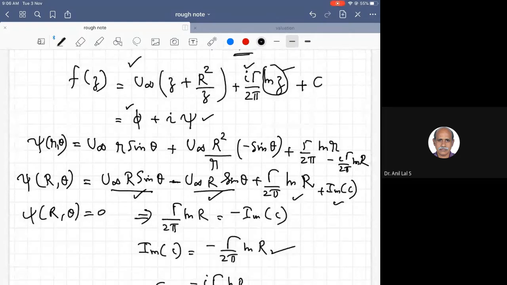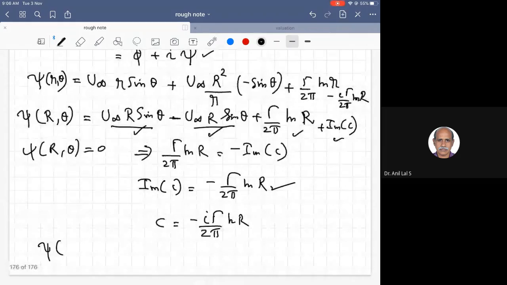C itself we can rewrite. C is minus i gamma by 2 pi logarithm of capital R, so that F(z) can be rewritten.